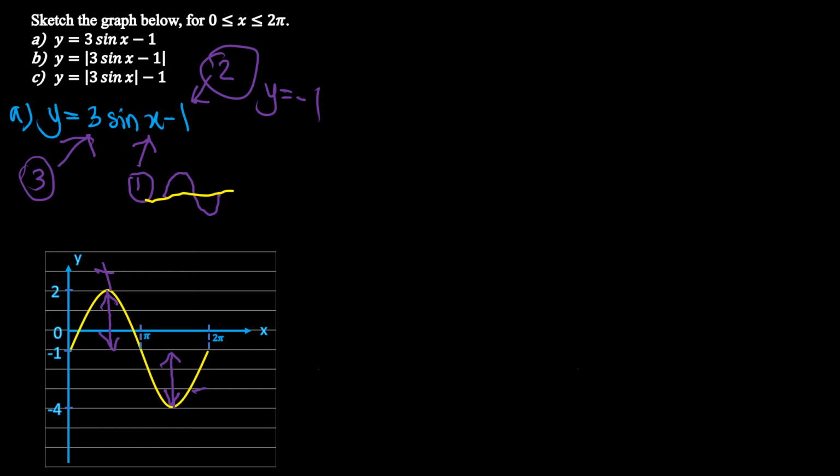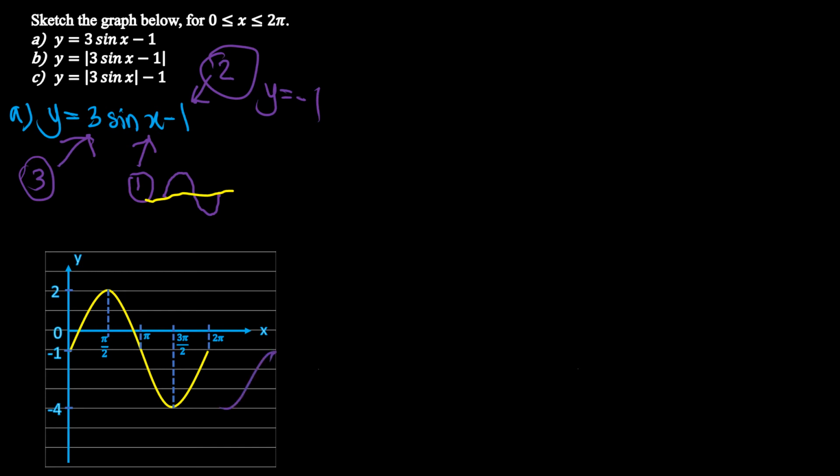Halfway from 0 radian to pi radian, you get pi over 2 radian. And halfway from pi radian to 2 pi radian, which is your negative amplitude, is 3 pi over 2 radian. So this graph for 3 sine x minus 1 is complete. We get this as the graph for A.